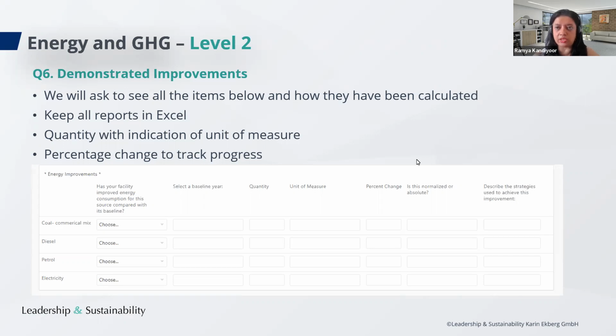Suppose you have new machinery which has come in, which takes up more energy in a particular year, but you have already taken 2021 as a baseline year. Perhaps you might want to change it to 2022. But if between 2021 and 2022 there are not many differences, then you might not want to change your baseline year. That is up to the facility to decide.